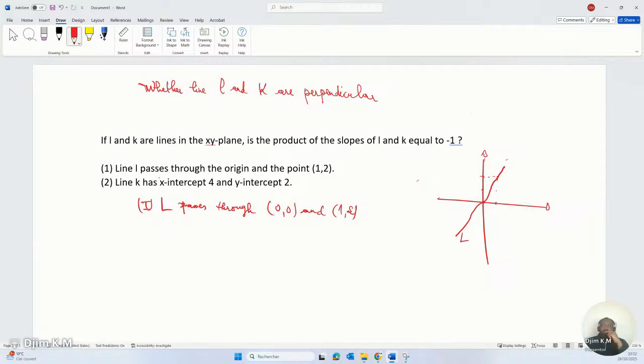Okay? Only what it is telling us is that we have to determine whether the product of the slopes is equal to -1 or whether the two lines are perpendicular. For the second condition, it tells us that line K has x-intercept 4 and y-intercept 2.